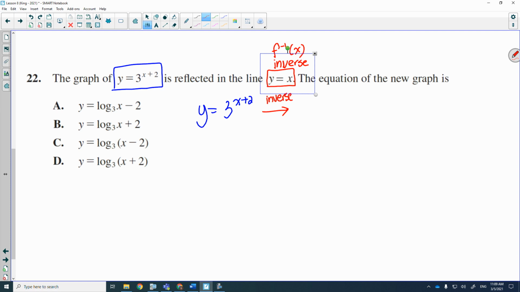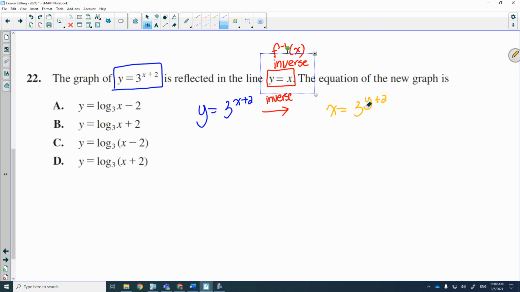you'd say, okay, step 1 is interchange my x and y. Step 2 is to isolate y. The only way that you could isolate y, if it is in exponential form and it's an exponent, is by converting it to log form. I've never got you to make a log when my exponent was a binomial, but it's the same process.